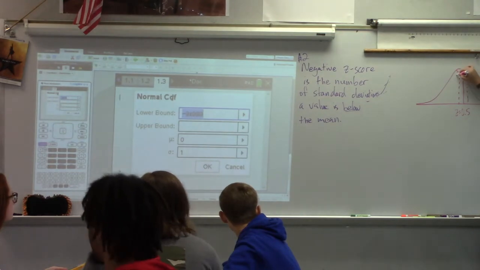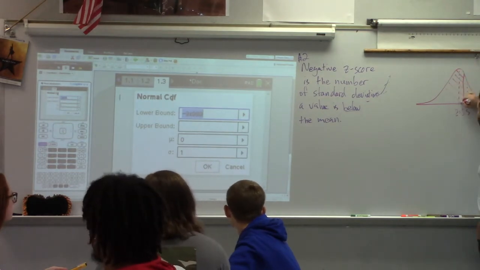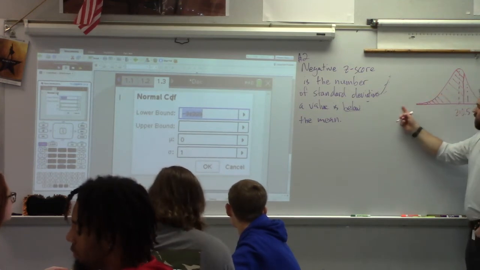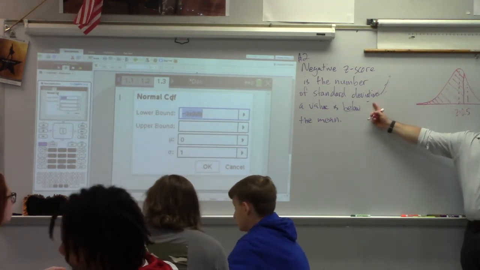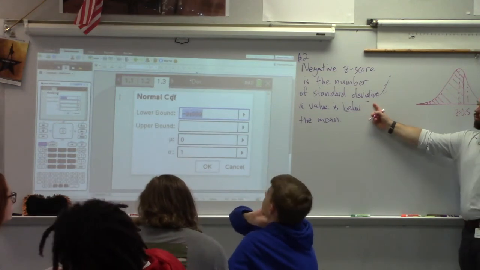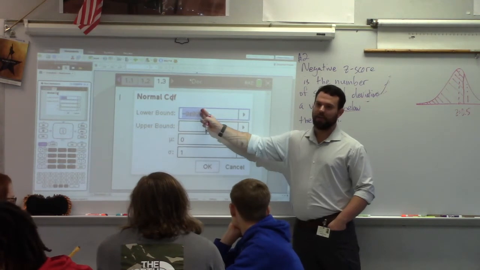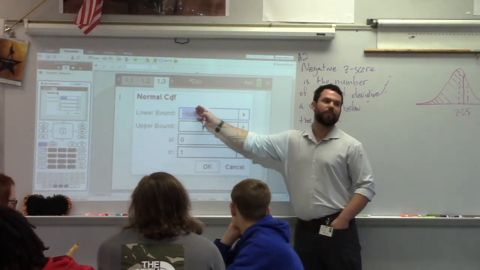And we want what's to the left, right? And so it asks for a lower bound. Technically, does this curve ever stop going to the left? No. So we don't really have a lower bound. And so this is, in the calculator's mind, as close as it can get to negative infinity.